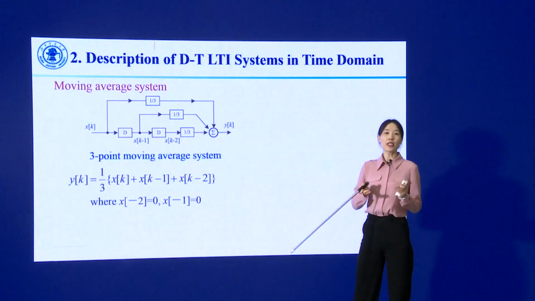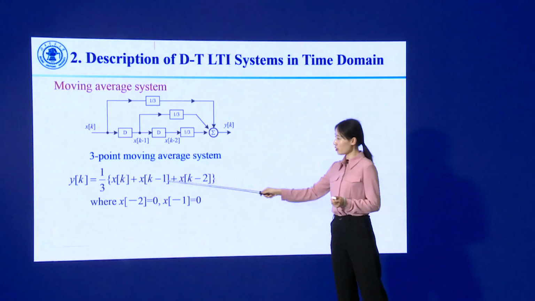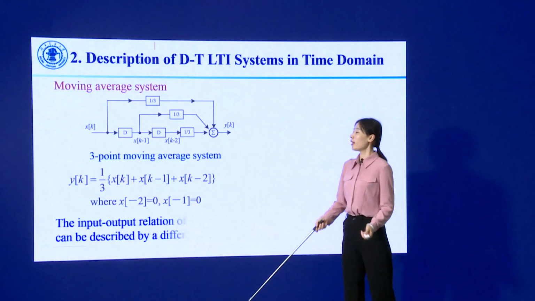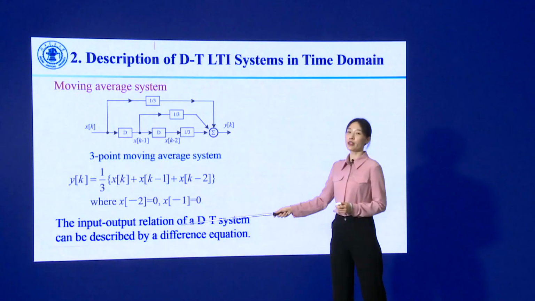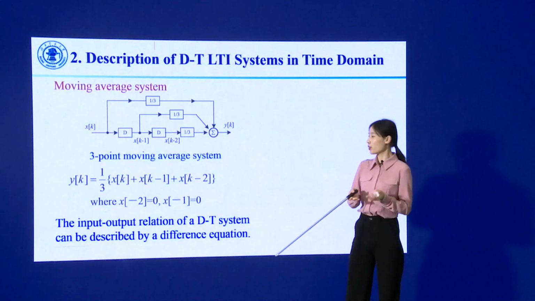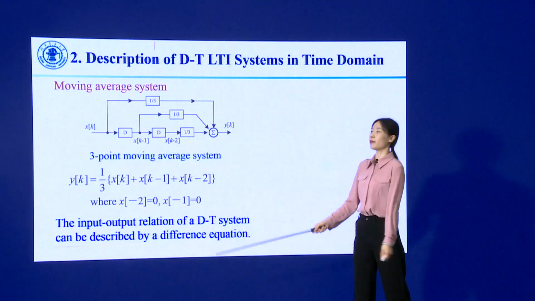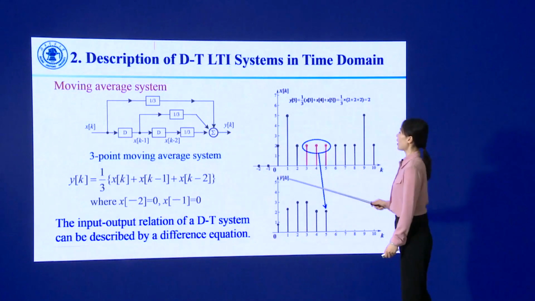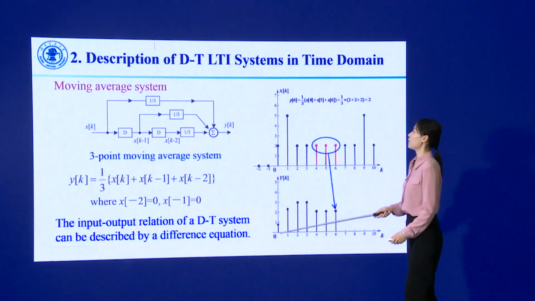The input and output relation can be expressed in this equation. And we can find that the input and output relation of a DT system can be described using a difference equation. Here is a flash to interpret this averaging system.